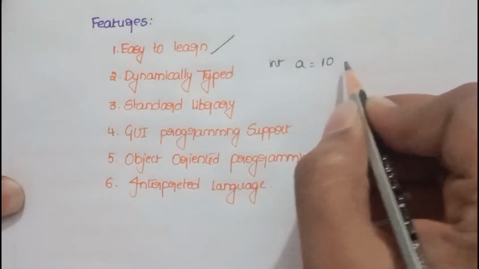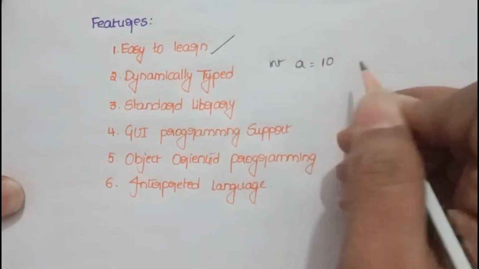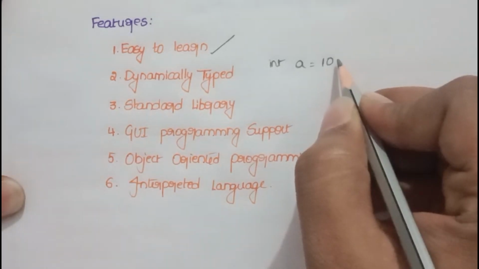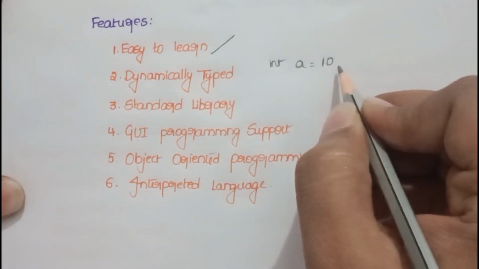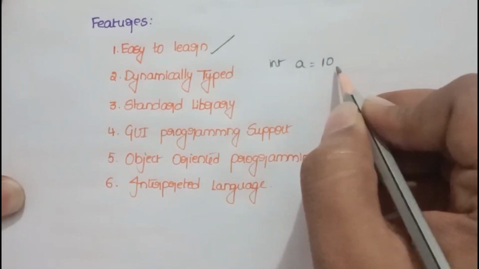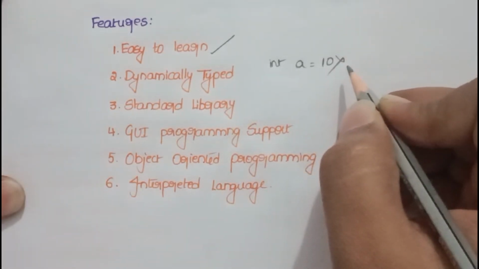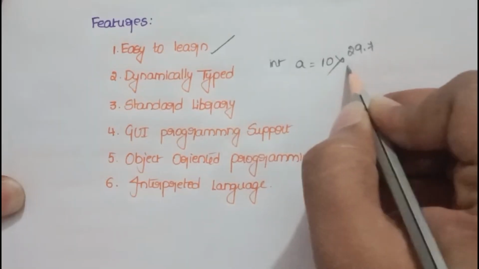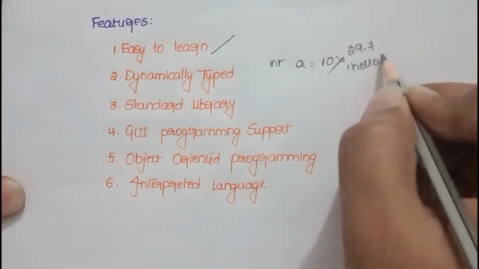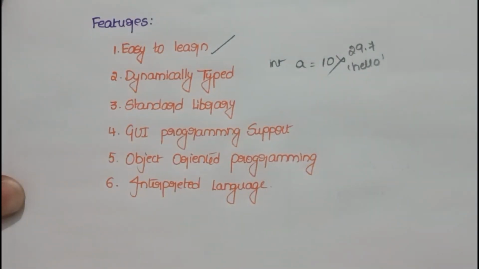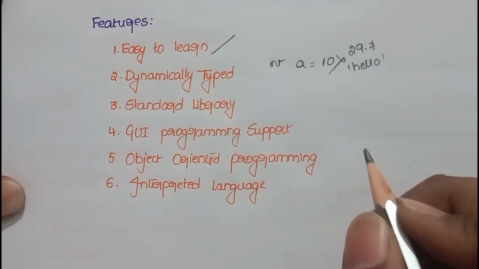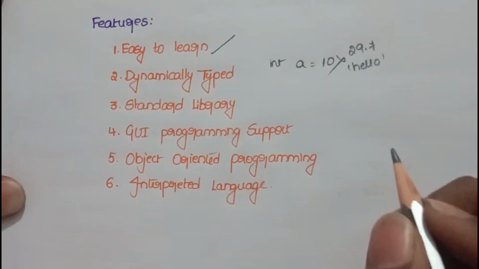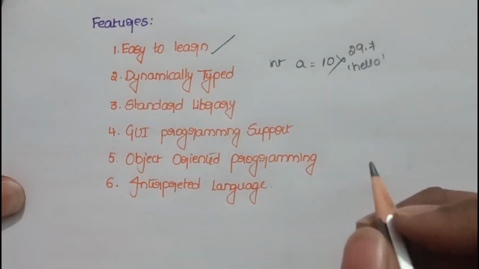If we assign any other data type apart from integer in other programming languages, they won't accept. If we try to store a float value or a string value, other programming languages will throw an error. But Python does not expect a user to define the data type of a variable.